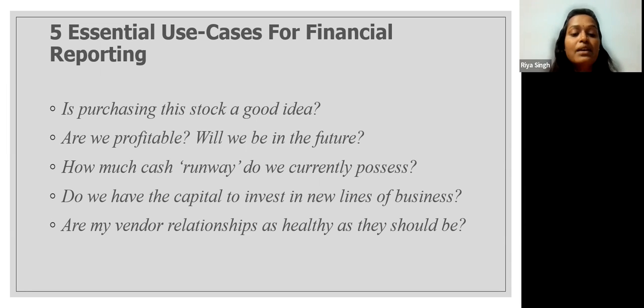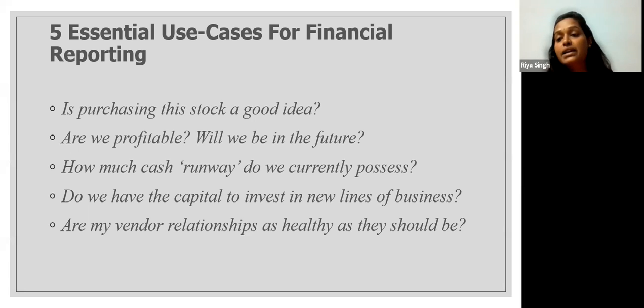Next is, are my vendor relationships as healthy as they should be? So by checking your financial reporting only, you will be able to see everything. You will be able to make decisions regarding everything. Basically, companies make these financial reports for the interested parties.